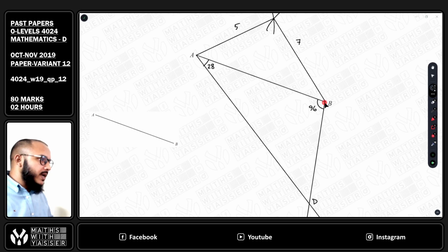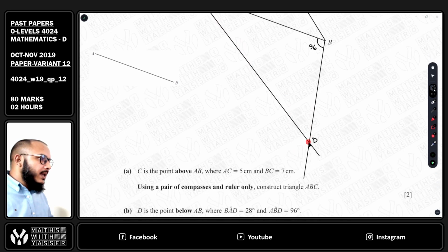You need to draw a straight line. You can start from here, 0 degree, 1 degree, and up to here, it should be 96. Similarly, from here, you should do your measurement, and that should give you 28. And you draw a straight line here again. Where the lines intersect will be the point D.